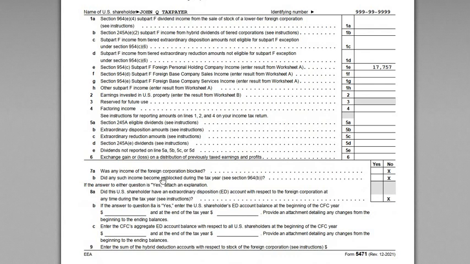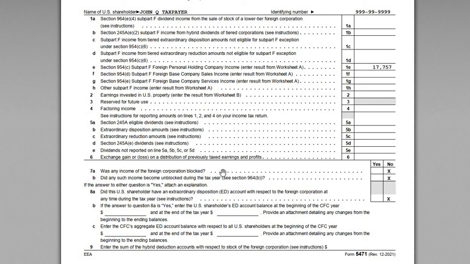Now, questions 7A and B here. 7A is asking, is any income of the foreign corporation blocked? No. What do they mean by that? Well, some countries have limitations on when the corporation can actually distribute dividends to the shareholders. A lot of countries, China, for example, do this quite often, where non-local investors might have income blocked in the sense that they can't actually pull it out of the company.